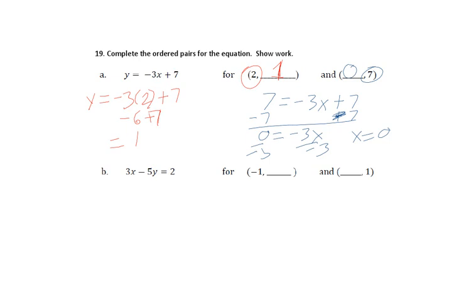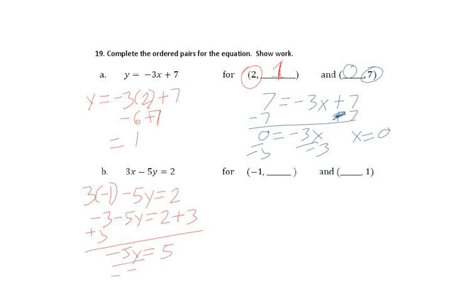Alright, part B, same thing. First, x is negative 1, so that becomes 3 times negative 1 minus 5y equals 2. So negative 3 minus 5y is 2. Add 3. So negative 5y is 5. And if you divide by negative 5, that means y is minus 1.